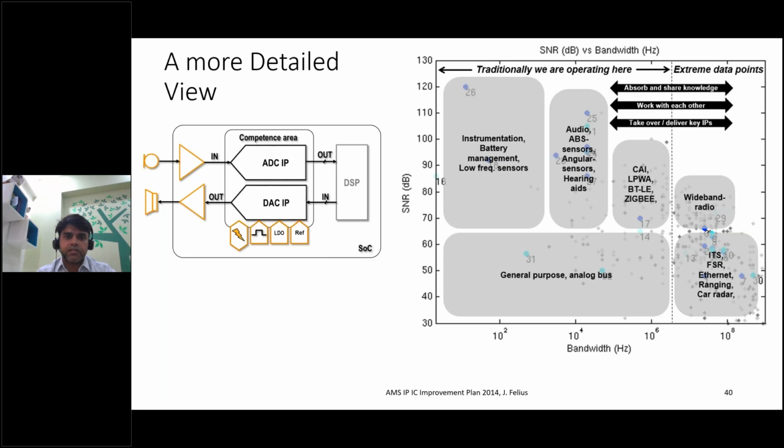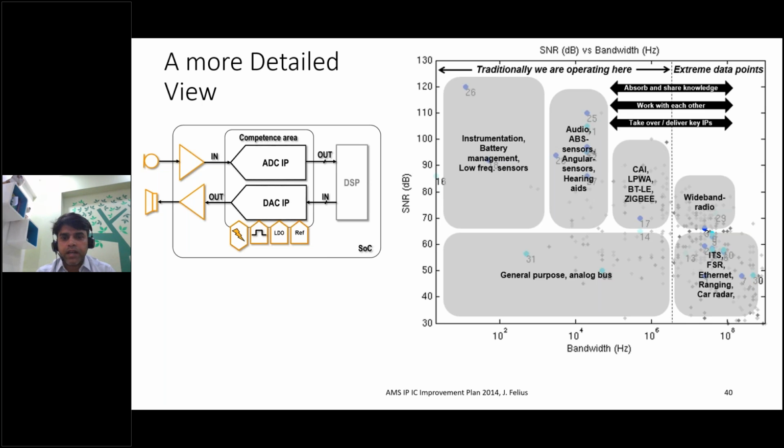Here it's mentioned in dBs, all the way from 30-40 dBs, which is typically 8-bit conversion, to 120-130 dBs, which is very high 16, 20, 24-bit conversion. So all things are needed.